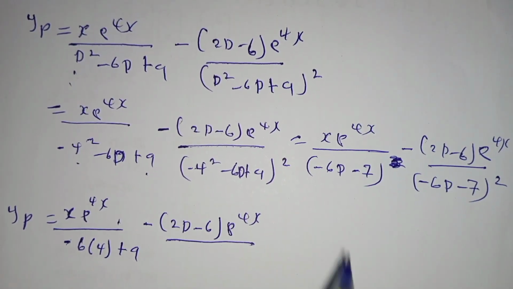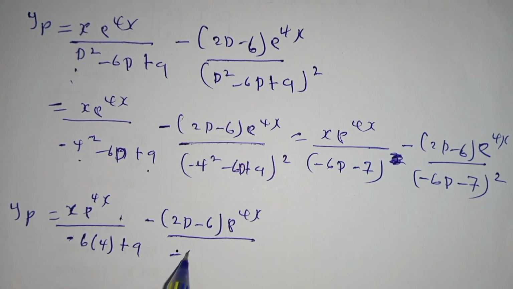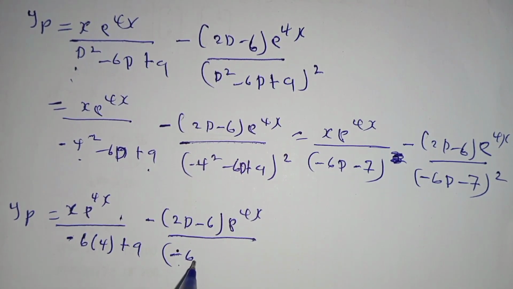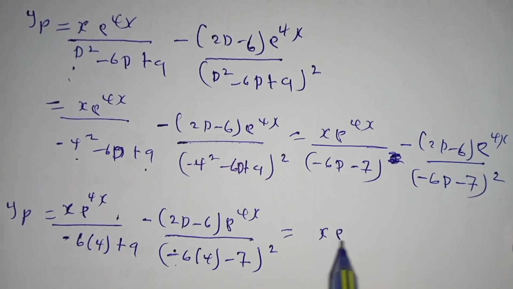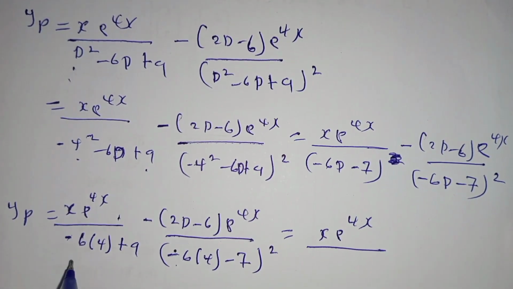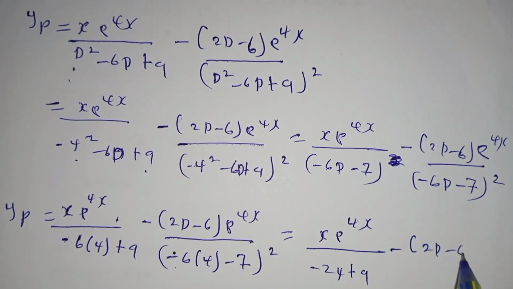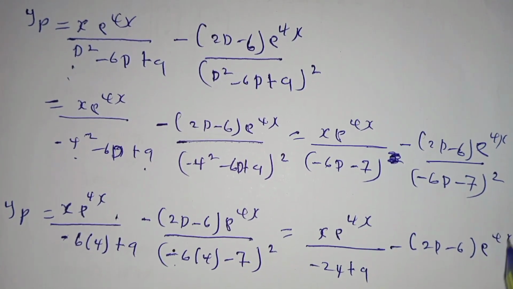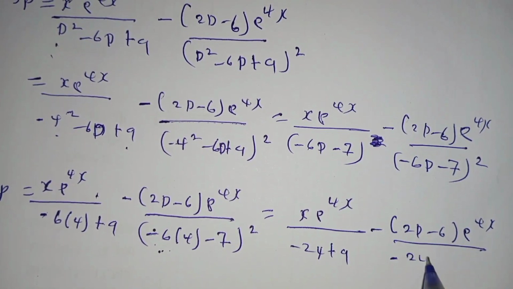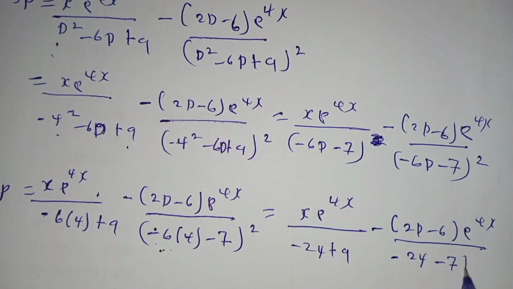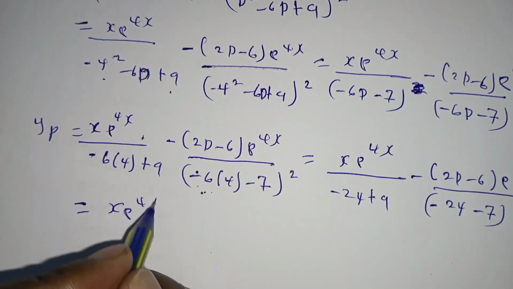So when you square this, it is going to give you minus 6 into bracket, you multiply this by 4 minus 7, then you square, which is equal to x exponential 4x divided by, this is negative 24 plus 9 minus bracket 2d exponential 4x divided by, this part here you have negative 24 minus 7 and you square, which is equal to x exponential 4x.